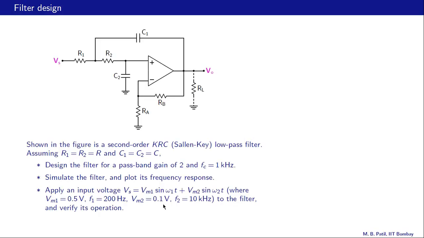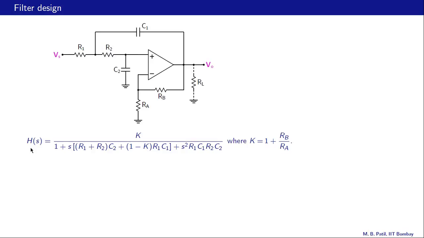The other sinusoid has a higher frequency, 10 kHz, which is higher than the cutoff frequency. So apply this input voltage to the filter, that is, when we do circuit simulation, and verify its operation. What we should see is that the high frequency component is filtered out, and at the output we get only the low frequency component of Vs.